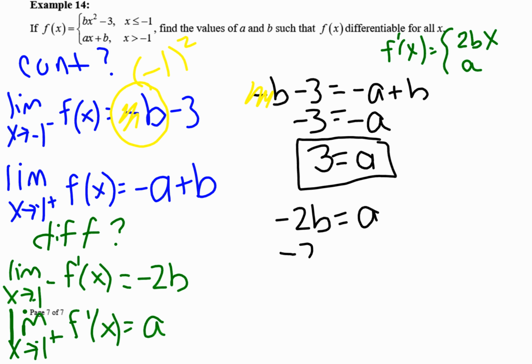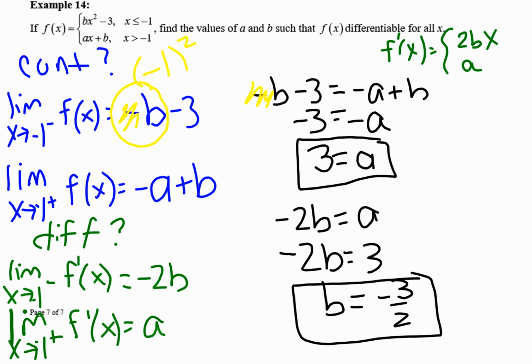Well, we already know that a is 3. So it appears that b equals -3/2. We could plug it in and see if it does work. Or not. You could try it and let me know how you do.